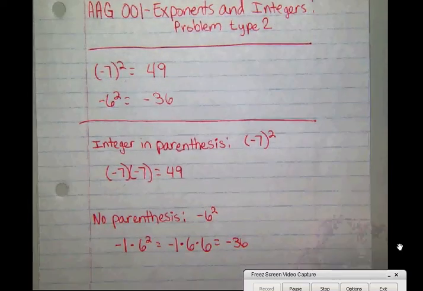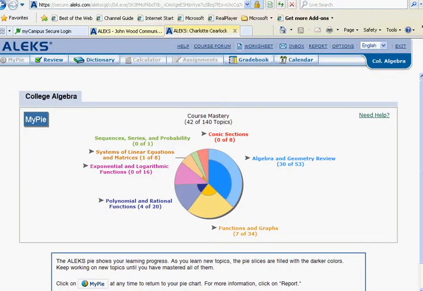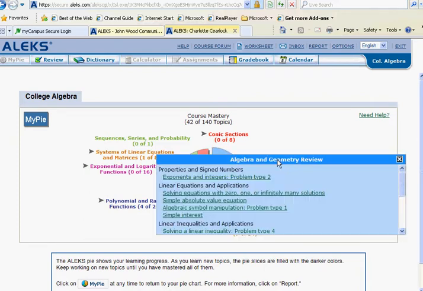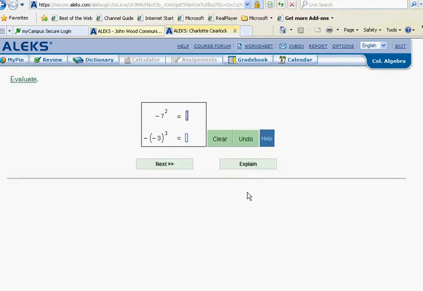So let's try one in our ALEX program. Exponents and integers, problem type 2. And the example they give us is negative 7 squared and the opposite of negative 3 to the third.